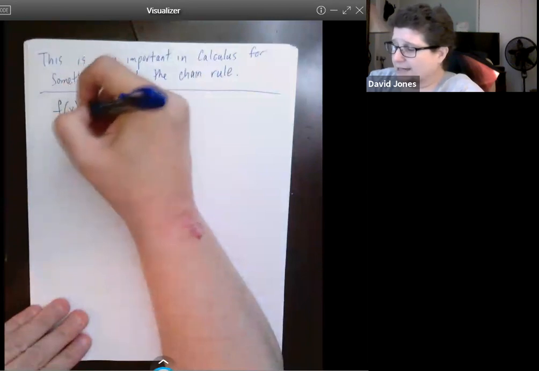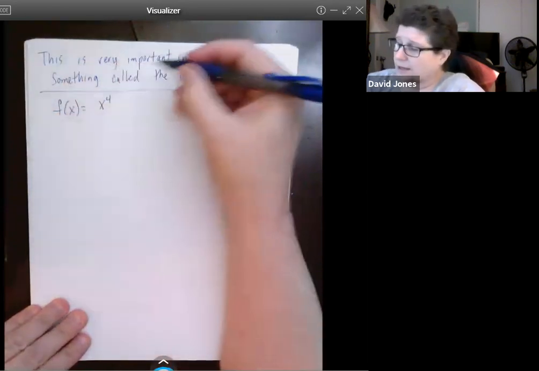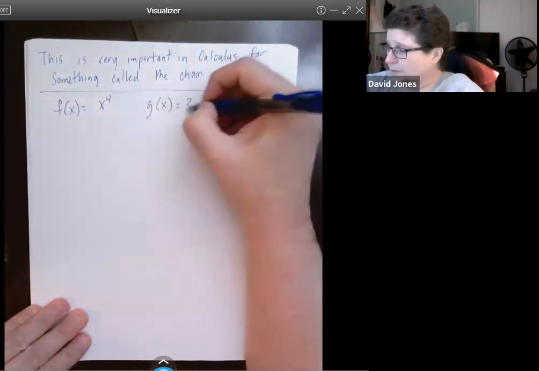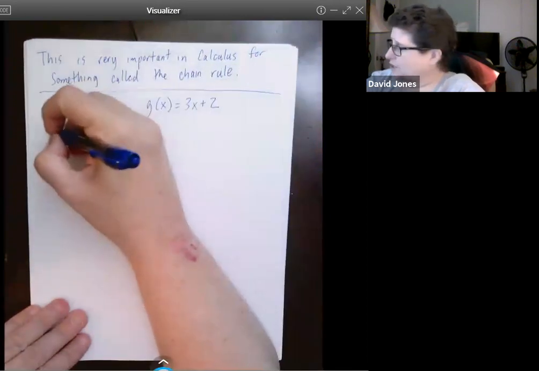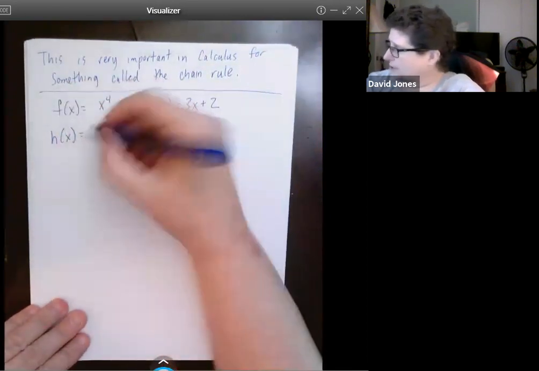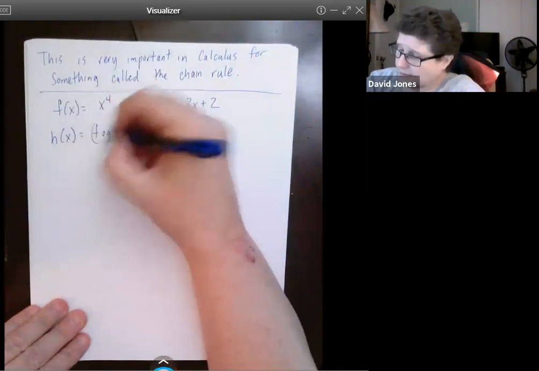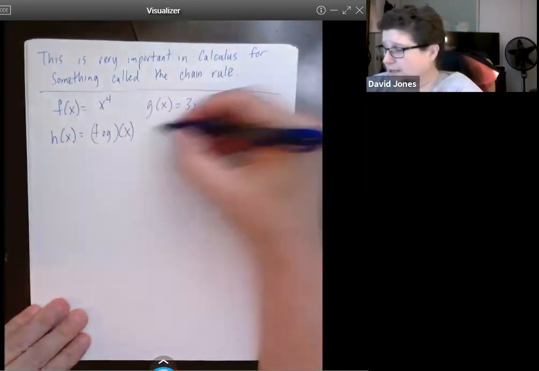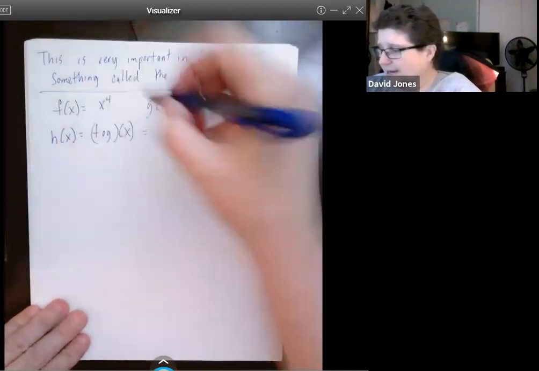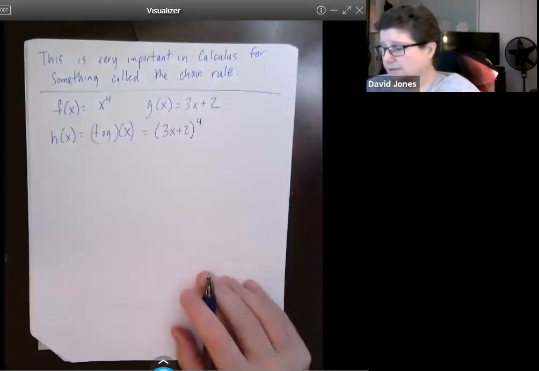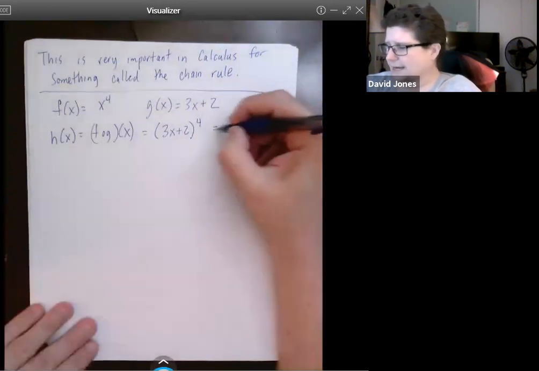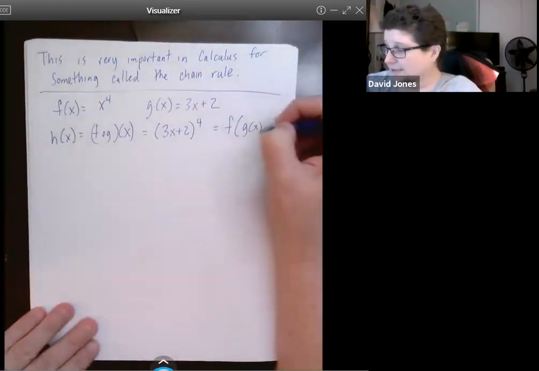If I have f of x equals x to the fourth, and g of x equals 3x plus 2, and I have h of x equals f of g of x, which means I'm going to put 3x plus 2 into f. Again, that's f of g of x.